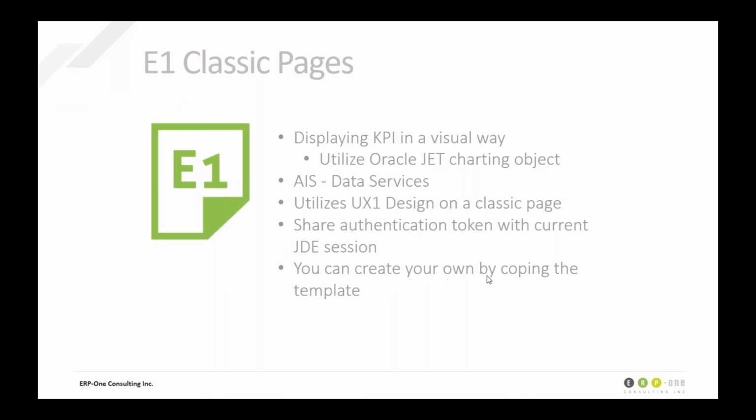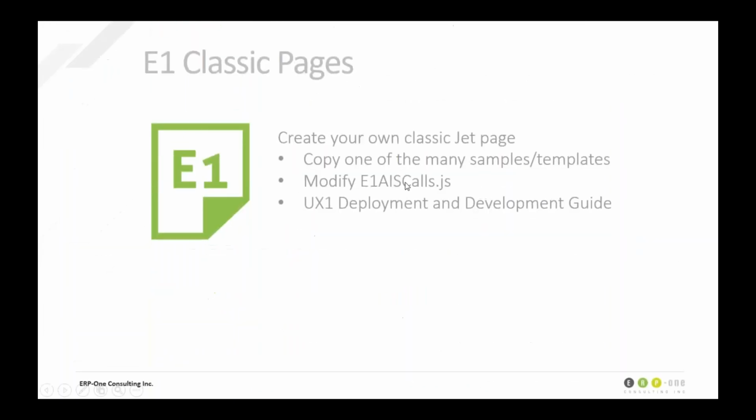You can create your own one of these by copying the template. To do that, you find the one that you're interested in. Say you like that case distribution one, which has the pie chart that you like. All you need to do is modify the one JavaScript that comes with it.